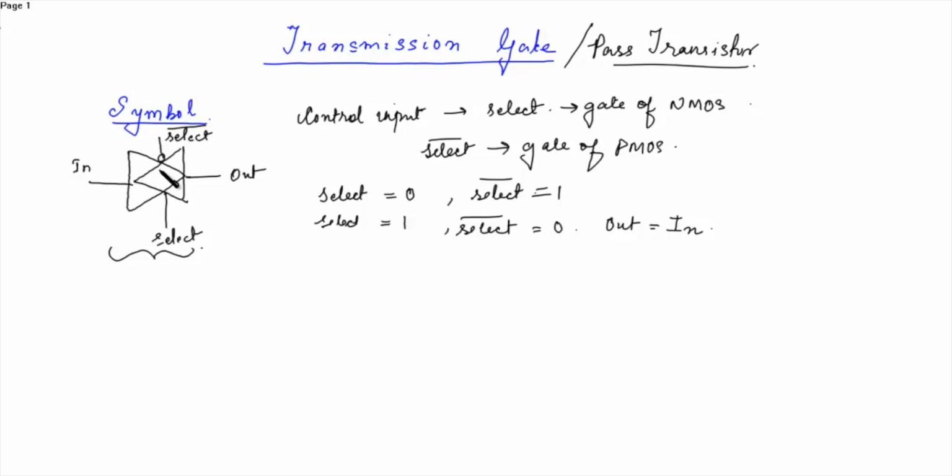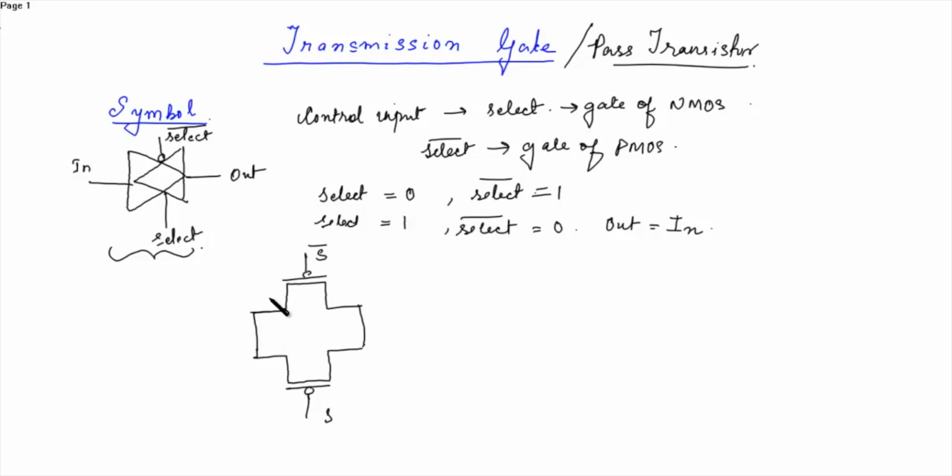This can be drawn as, this is the PMOS part, so this is the PMOS, and this is the NMOS, and this is the select line, select bar.